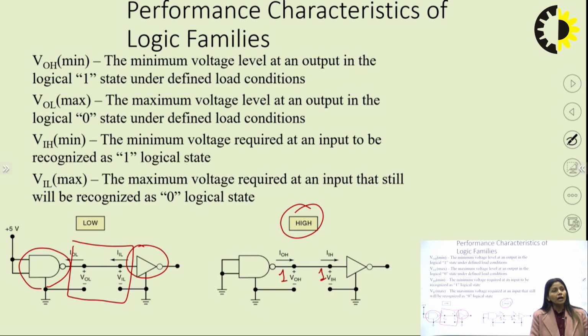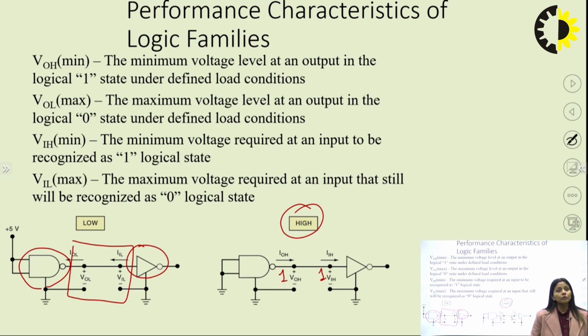Similarly, for VIH minimum, that is the minimum voltage required at an input to be recognized as one logical state, right. So VIH minimum has to be the input to the next gate, but it has to be recognized by the next gate too.